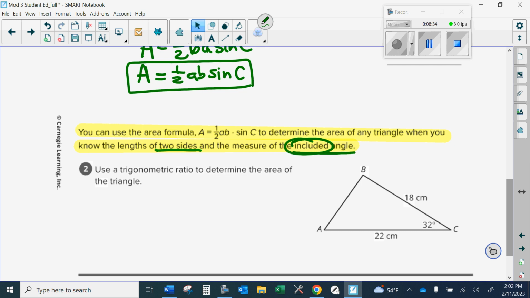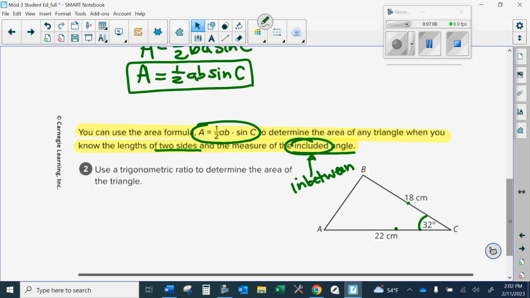Remember we talked about that with SAS, the angle is the included angle. That means in between. So notice this angle is in between the two sides. So if you have that set up, this is the formula that you would use to find the area of the triangle.